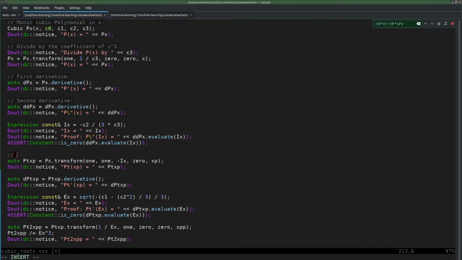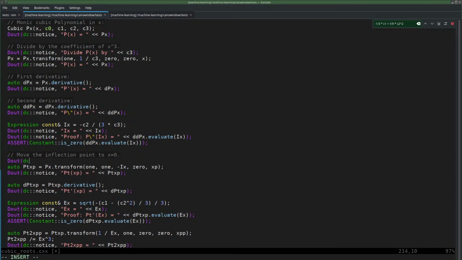Okay, so move the inflection point to x equals 0.